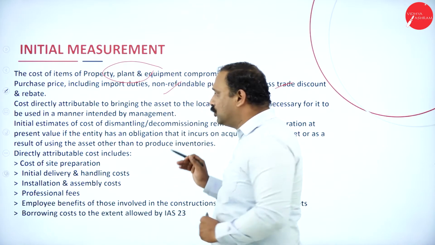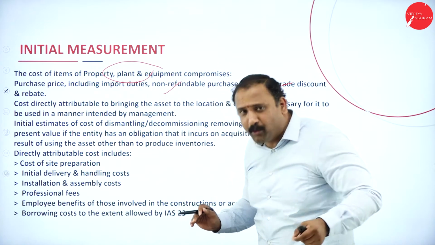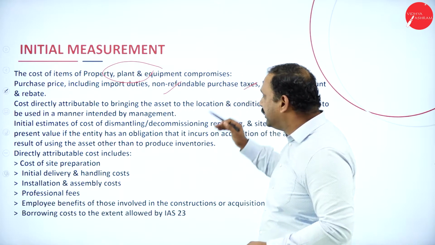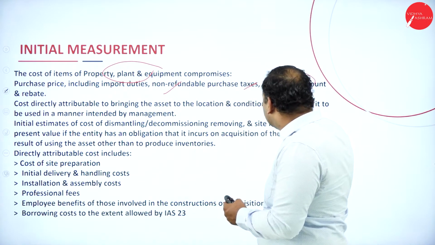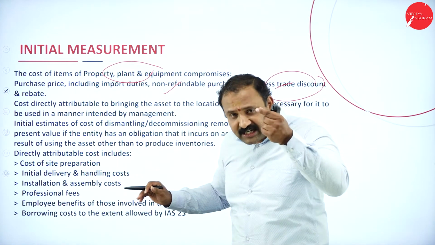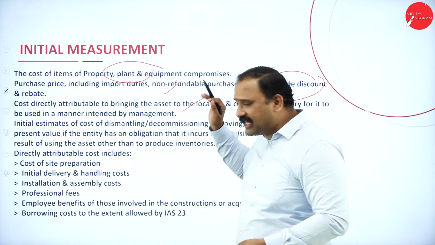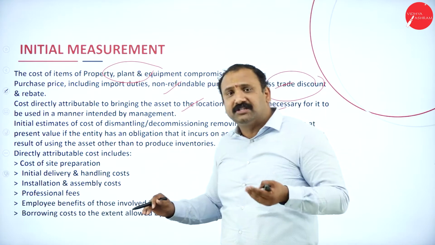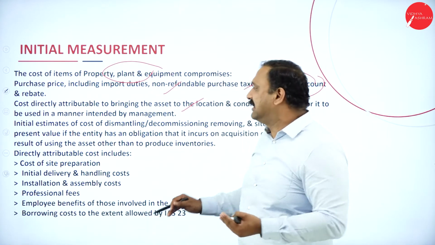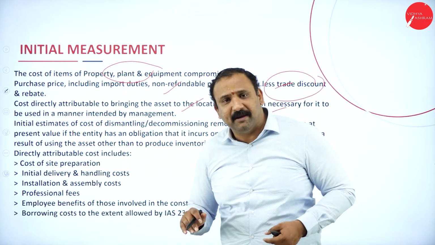Now you have to include the import duties, include the non-refundable purchase taxes, and deduct the trade discount. Then add cost that is directly associated with bringing that asset to that particular location and condition necessary for it to be used in the manner intended by the management.